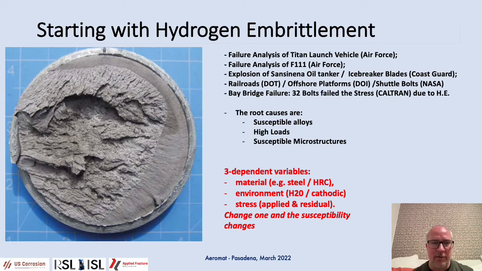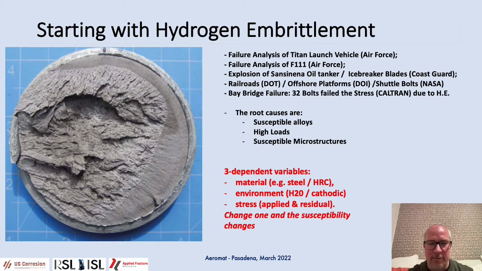For example, failure analysis of the Titan launch vehicle for the Air Force, failure analysis of the F-111 jet, also for the Air Force, an analysis of the explosion of the Sansinena oil tanker, and related analysis of icebreaker blades for the Coast Guard.